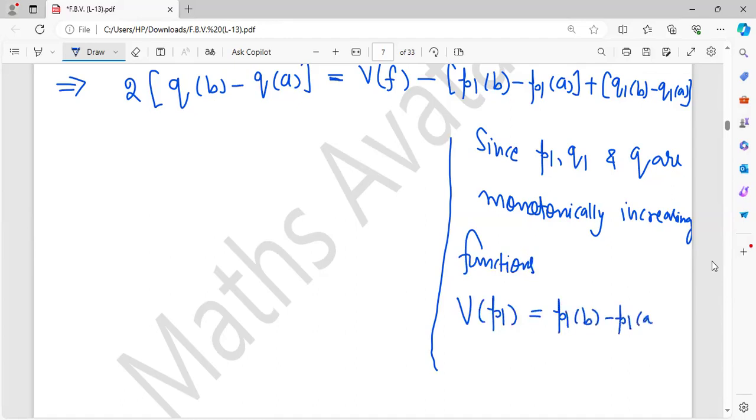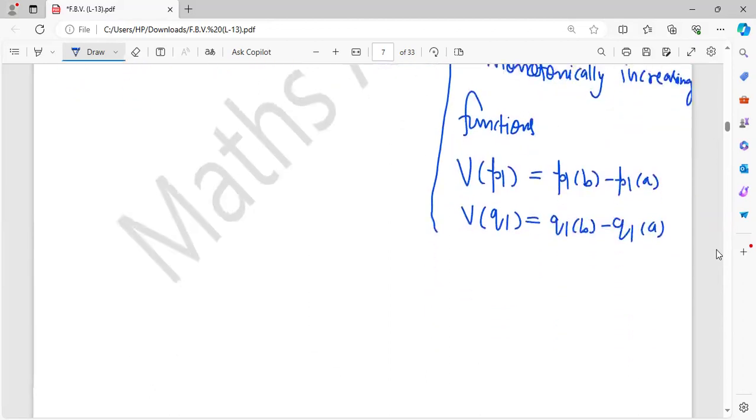I already told this for p1. Vq1 is equal to q1b minus q1a. Okay.